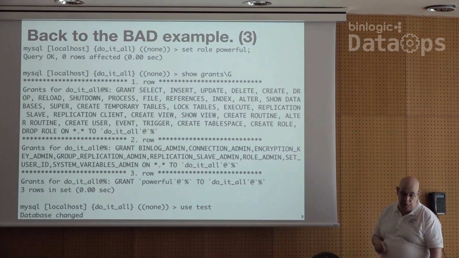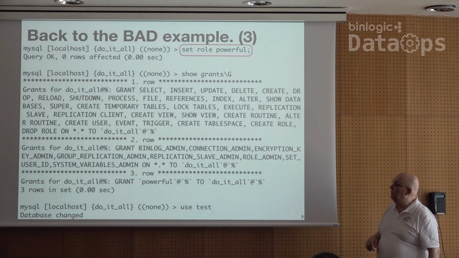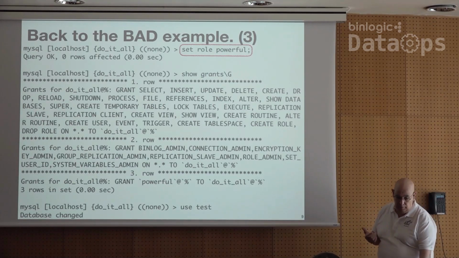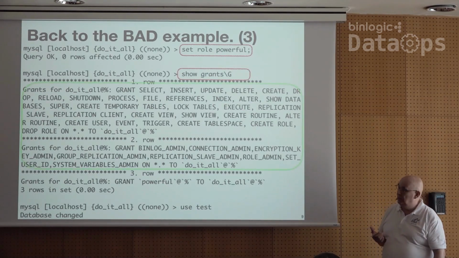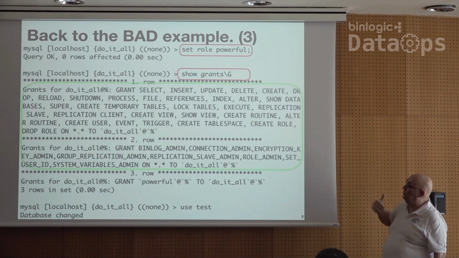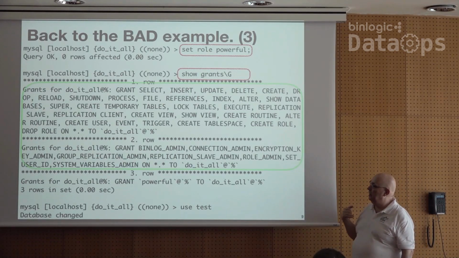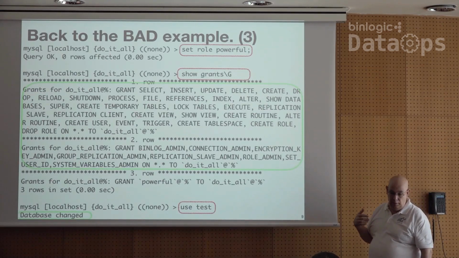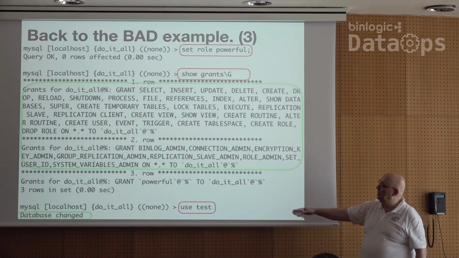So what do we need to do? We need to say set role powerful, and when we do a show grants, we get everything. So now the powers of the powerful role are really assigned, and after this, if we do a use test, then we are granted access.